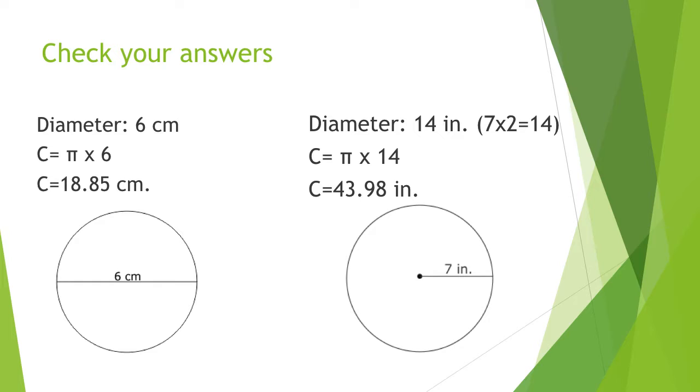The answer number 2, 43.98 inches. Remember, when you're finding circumference, you do not put square at the end of your units like you do with area. Area is squared. Circumference is not.